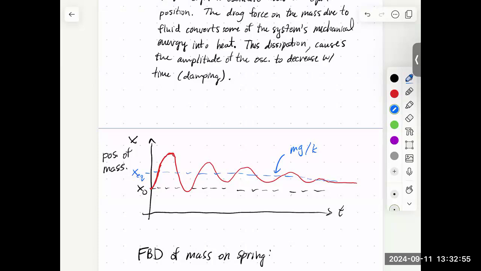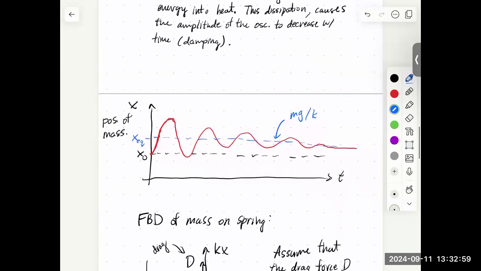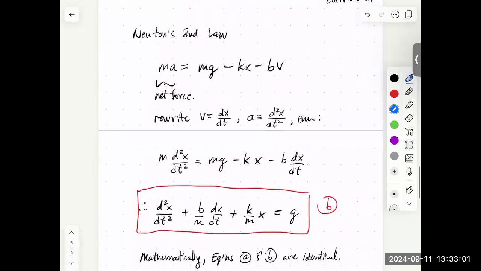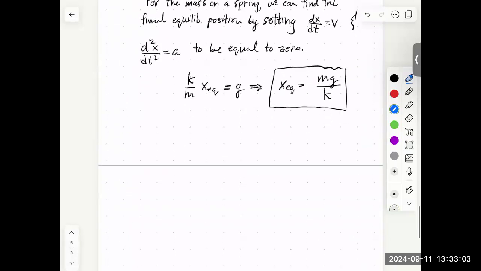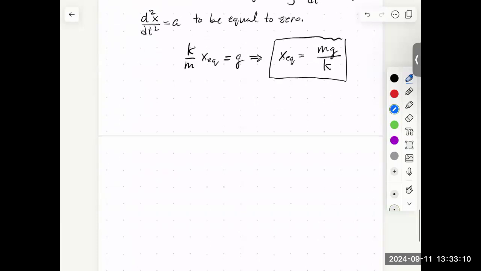But we could say something about this system. And one of those things that we could say is the equilibrium position. And that equilibrium position is essentially just an analysis of the forces. Okay, for our LRC circuit, we can do a similar thing.